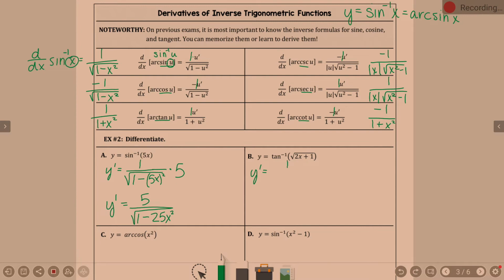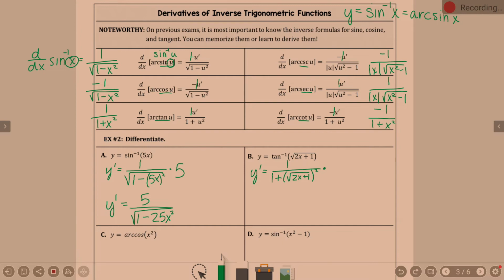So 1 over 1 plus, and it says x squared, but what is in our x place? Square root of 2x plus 1 squared. Perfect. Because we're squaring the square root, that'll make it nice in the denominator, right? Times what?